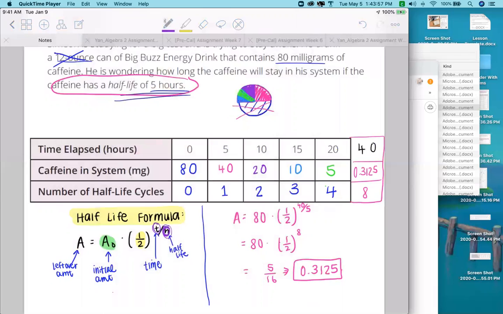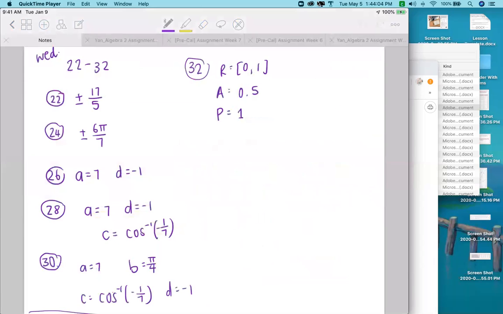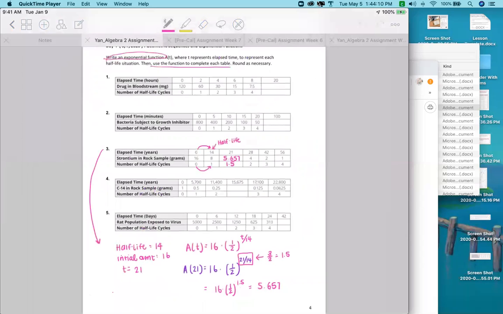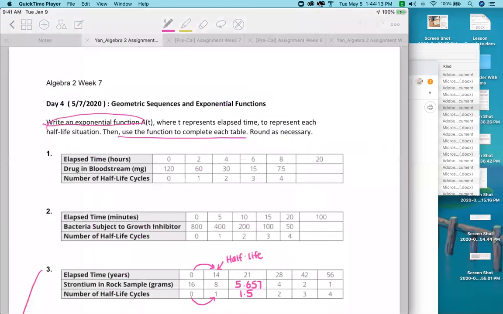Okay, so I'm going to show you guys one of the homework questions. Oops, not this page, this one. I did number 3 for you, but I can do another one for you. So we can look at number 1. Start a new section on your line paper and just do number 1 with me.